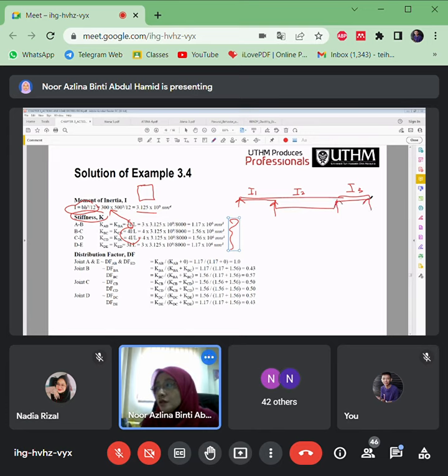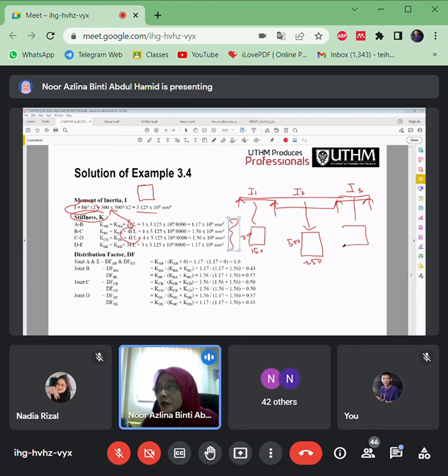Because it consists of different beam sizes, different cross sections. Let's say I1 is 150 by 300. I2 is quite bigger with a depth of, let's say, 550.